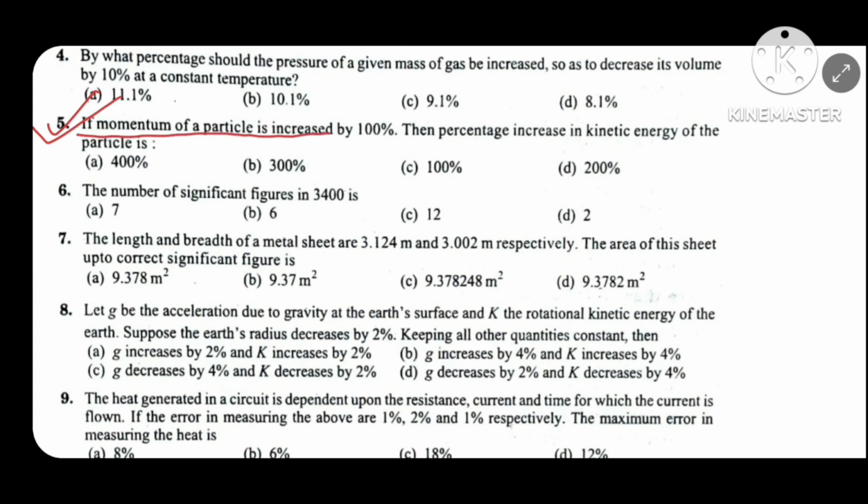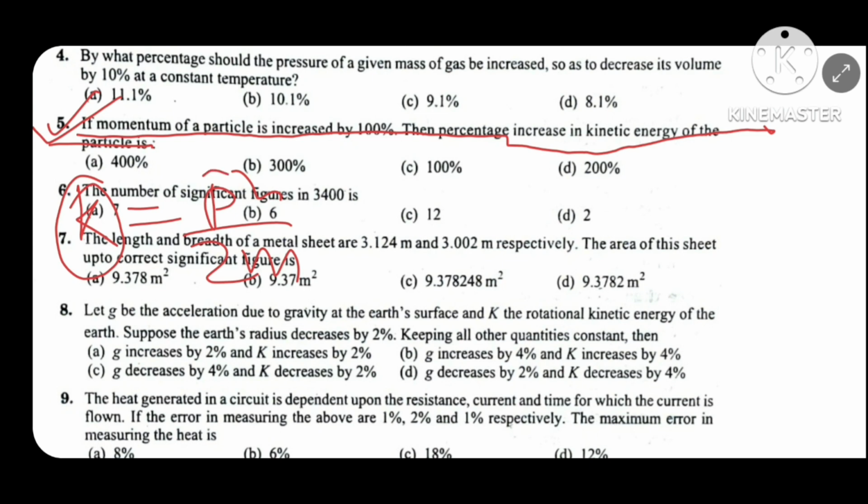If momentum of a particle is increased by 100%, then percentage increase in kinetic energy of the particle is? Look at this. The kinetic energy K is P square by 2m, where K is the initial kinetic energy and P is the initial momentum. Okay, now the momentum is increased by 100%.